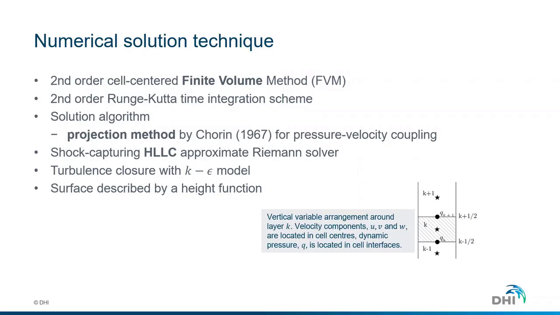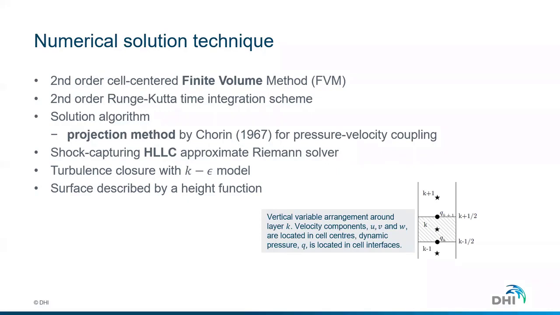In order to capture these overtopping effects, we have also implemented a flood and dry algorithm, which allows our surface to briefly dry out in places where we have bathymetric changes or increases.